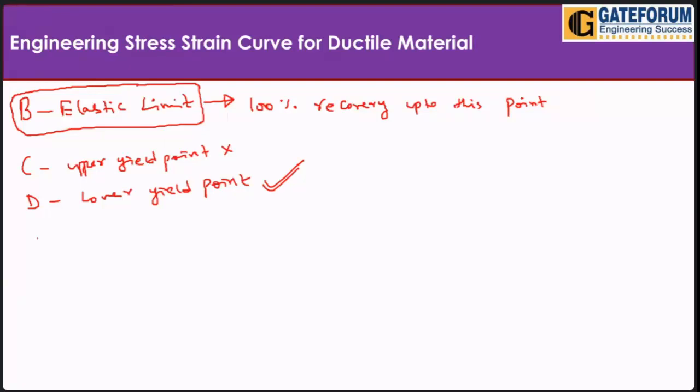Now what about point E? Point E is known as the ultimate point. Ultimate point means strength of material. Strength of material means the maximum stress the material can withstand, or the maximum stress the material can sustain before fracture. This is known as the ultimate point, or ultimate stress, or strength.